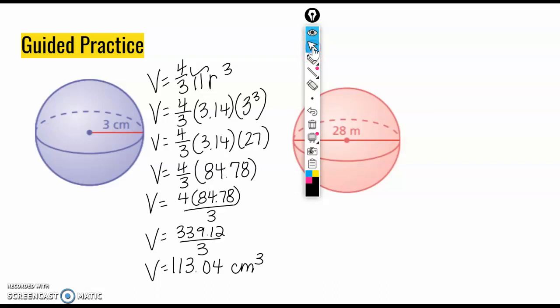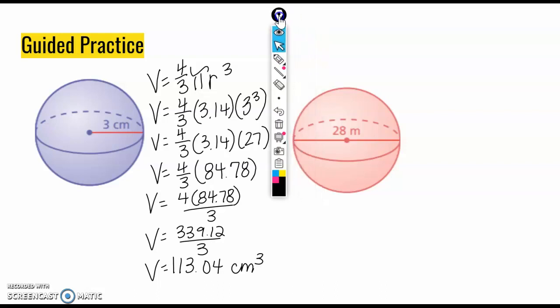Now let's look at our red sphere. Remember our formula is volume equals 4/3 pi r cubed. Now pause the video and apply the formula for volume of a sphere.